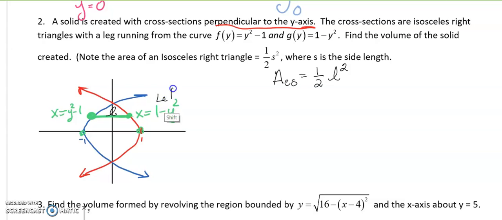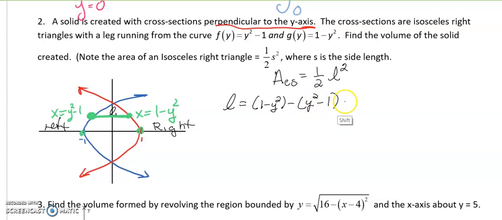This is the right, and this gives me the largest x value, and this is the left and gives me the smallest x value. So we can now determine that the leg is right minus left. This will give me negative 2y squared plus 2.